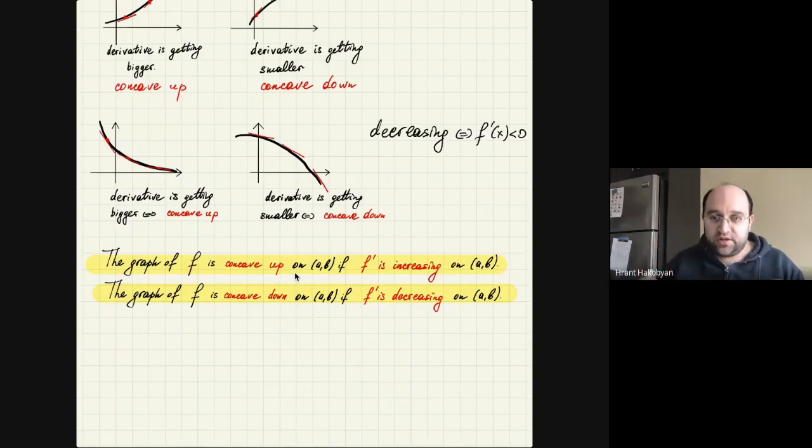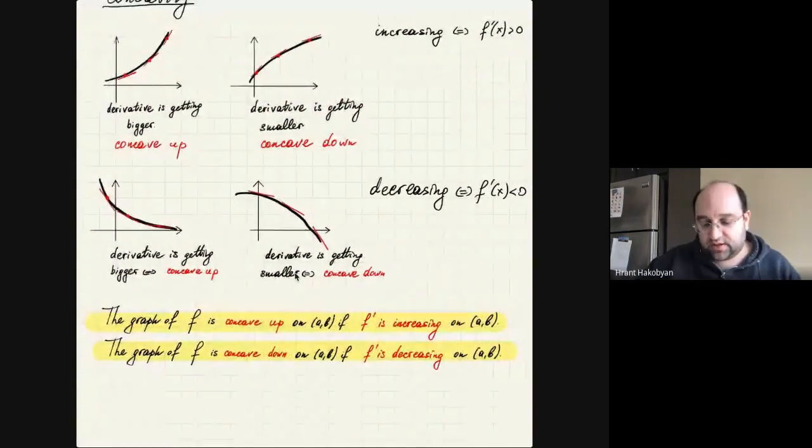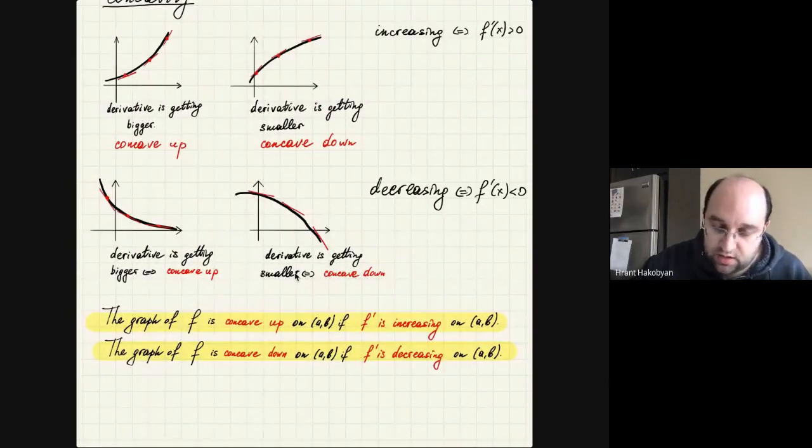At some places you press on the brake, so you're decelerating. You're still going further and further from home, but at slower and slower speed. So that's concave down. So in the sense of the pictures, there are basically these four pictures that can happen.